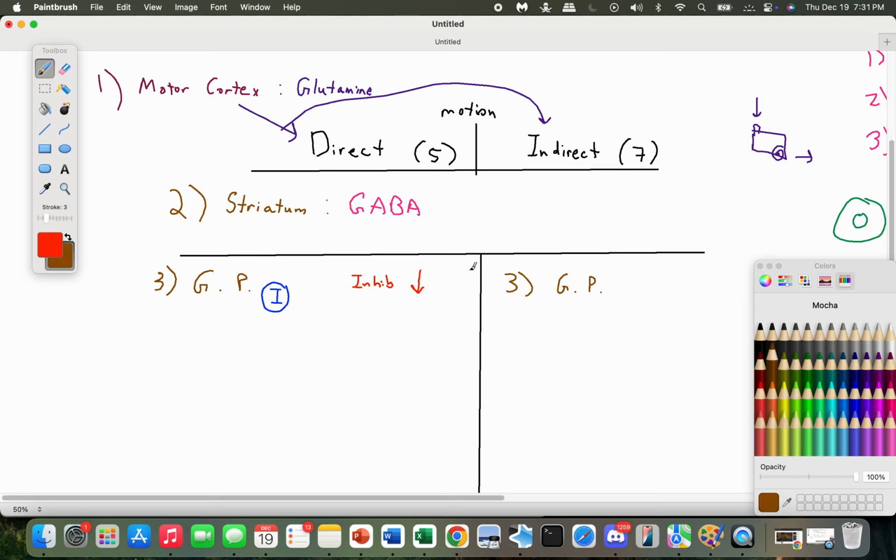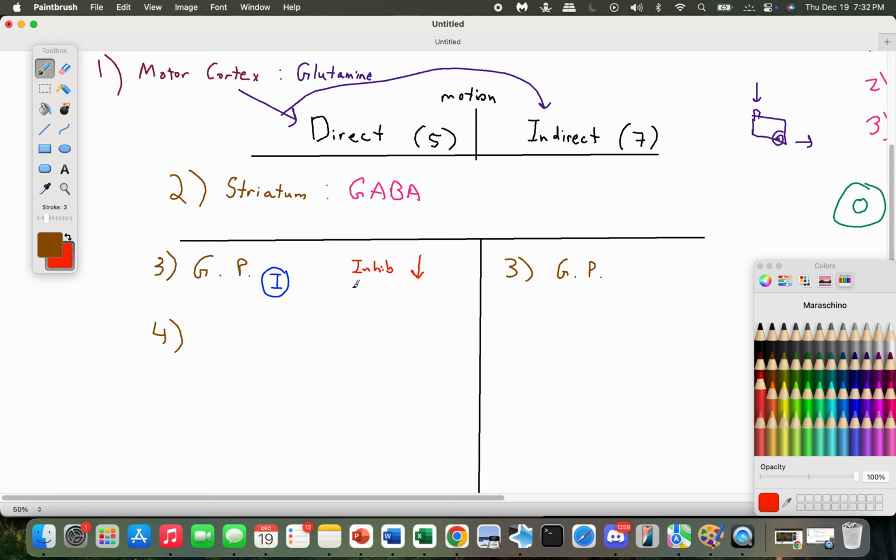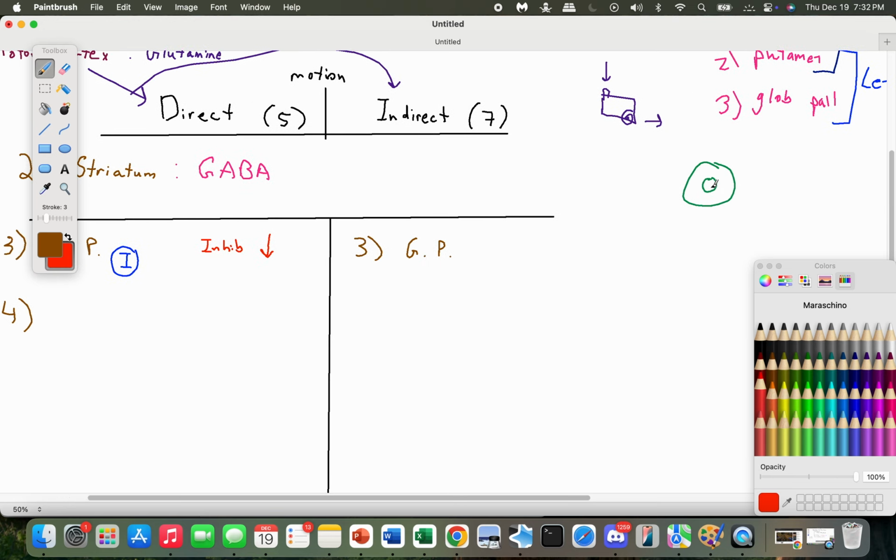Okay, I know this is probably starting to get a lot, but trust me, this is the simplest way to go about it, and it's actually just going to make the next step very simple. So if you're talking about the globus pallidus internal structure, this is actually the thing that's going to talk to our thalamus. So if we have our globus pallidus here, it's going to send the signal out to the thalamus.